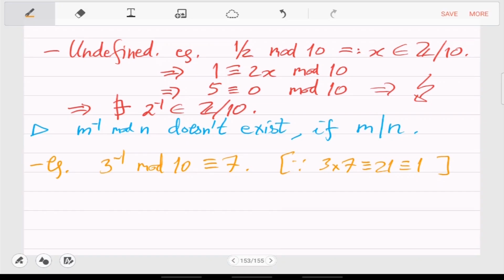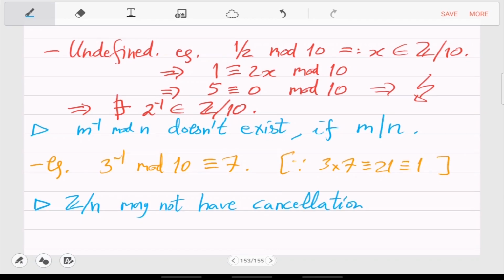So this also means that Z slash n doesn't have, or we can say may not have, cancellation rule. So cancellation rule means that if A times B is 0, then we cannot deduce that A is 0 or B is 0.